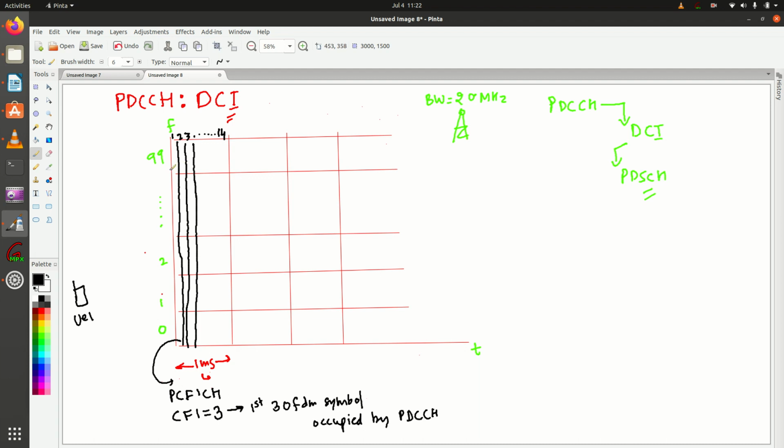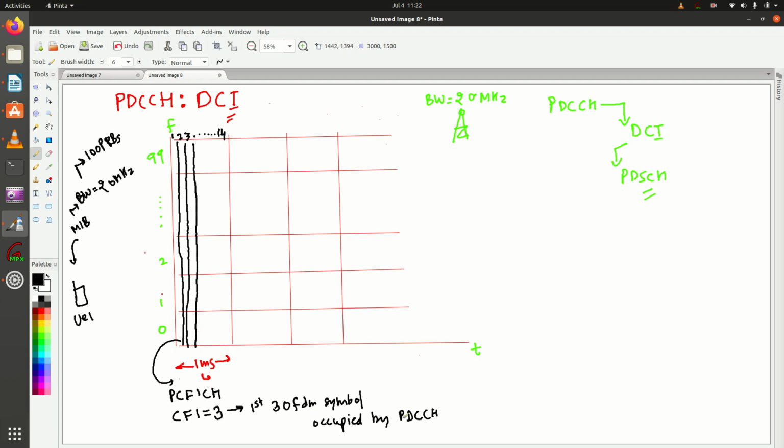Before that, during the initial attach procedure, the UE has already decoded the MIB and found out that the bandwidth used is 20 megahertz, and we know that 100 PRBs are there, so I have to look in 100 PRBs.